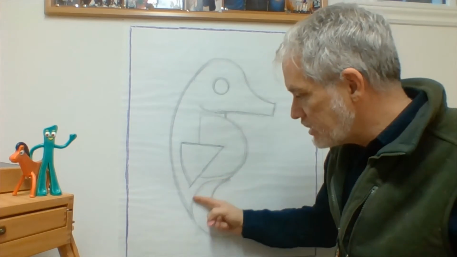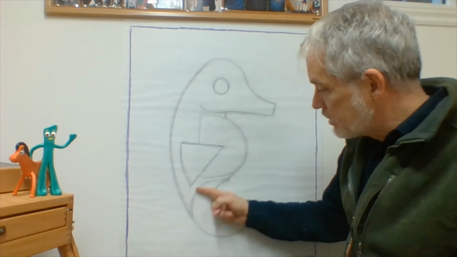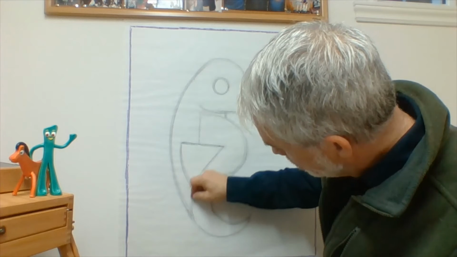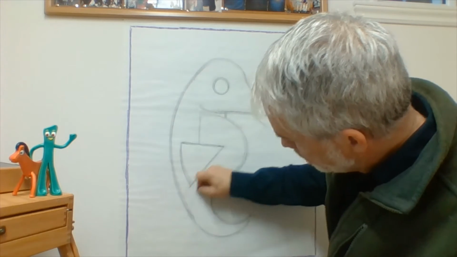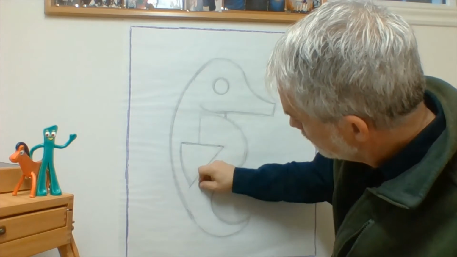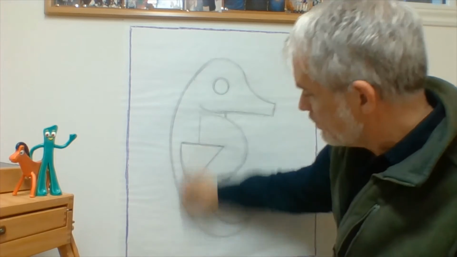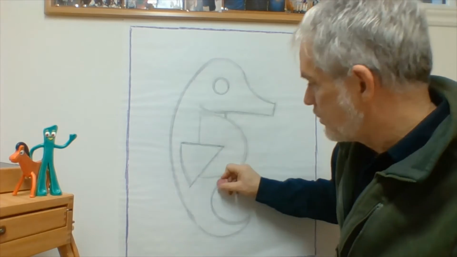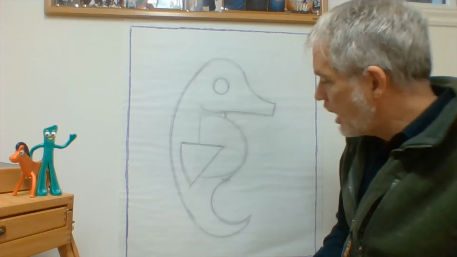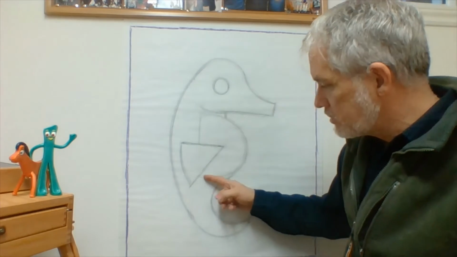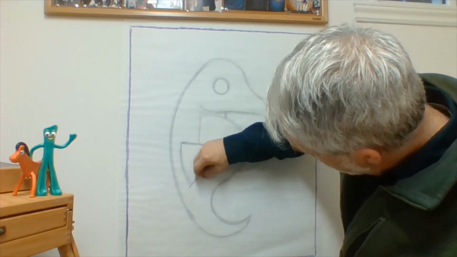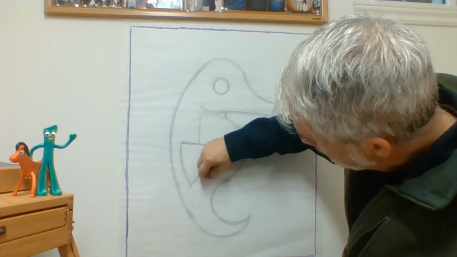And we can erase this part of the letter C. I'm also going to erase this line right here because I don't need this anymore. That's the bottom of my letter D.